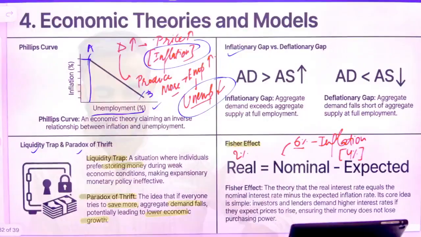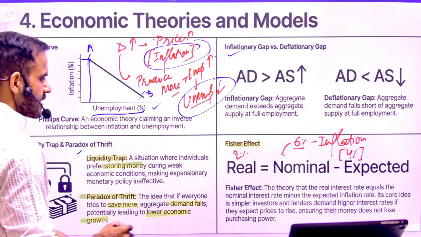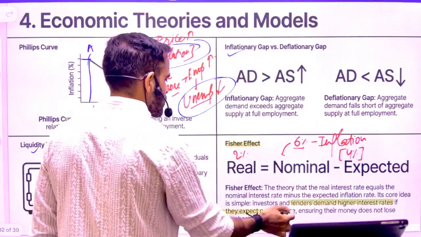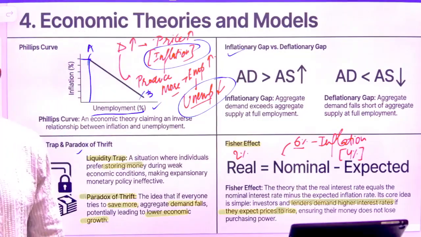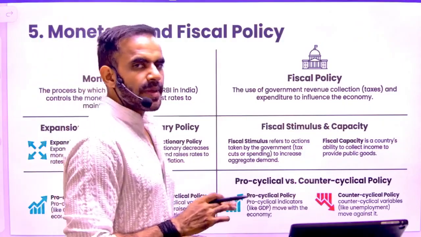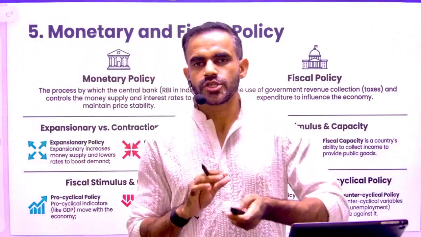That is the concept. The lenders demand a higher interest rate if they expect prices to rise. That means if they expect higher inflation in future, they expect more and more interest rate.